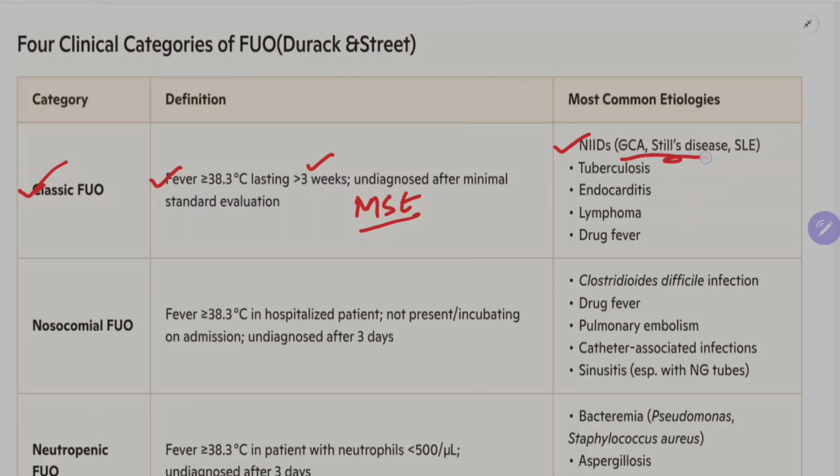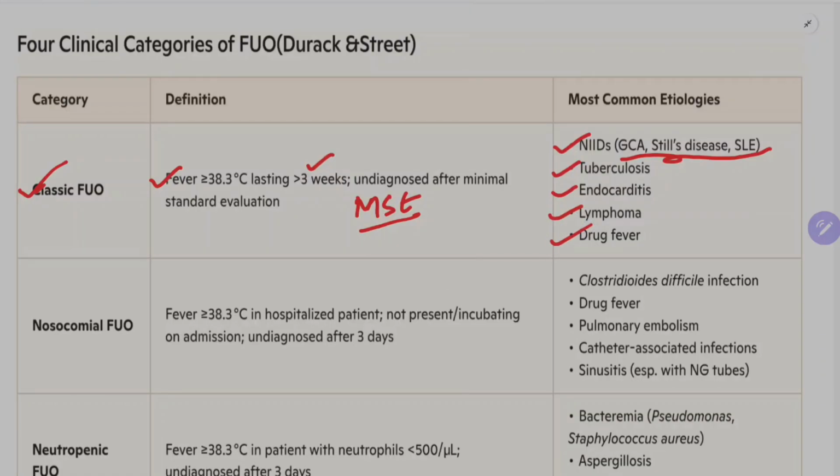So these are the commonest causes of classical FUO in a traditional patient who is not immunocompromised or HIV positive. Infections include tuberculosis and subacute bacterial endocarditis. Malignancy includes lymphoma. Miscellaneous causes include drug fever.